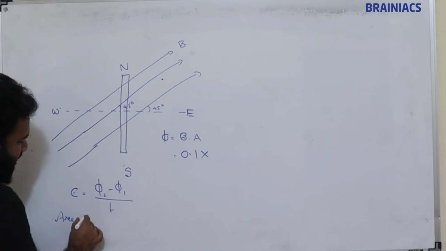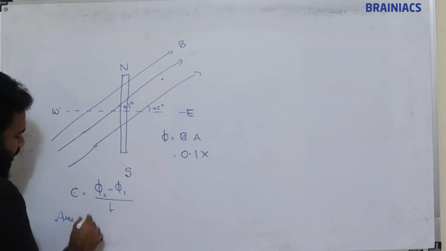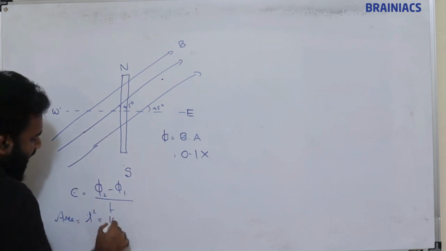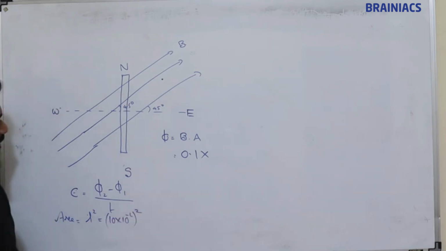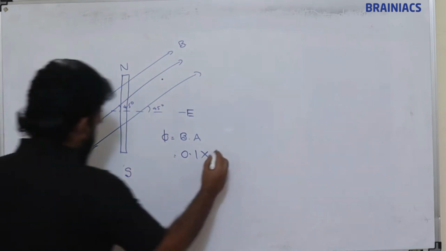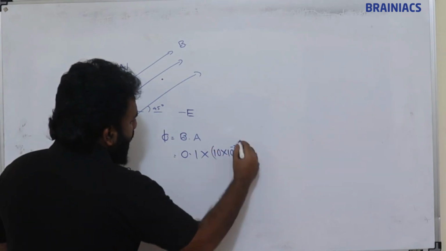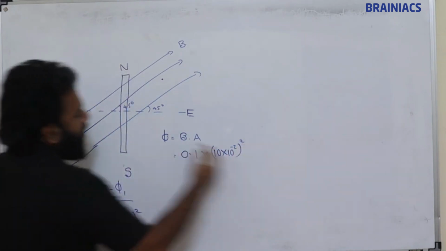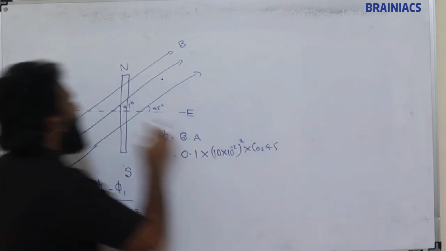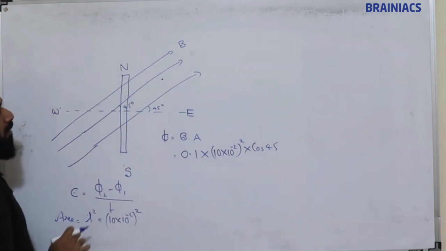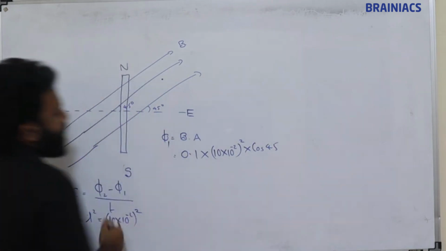This is a square loop, so the area is L square, 10 into 10 raised to minus 2, whole square, and for B dot A, cos 45 is the angle between them. So this is phi 1.